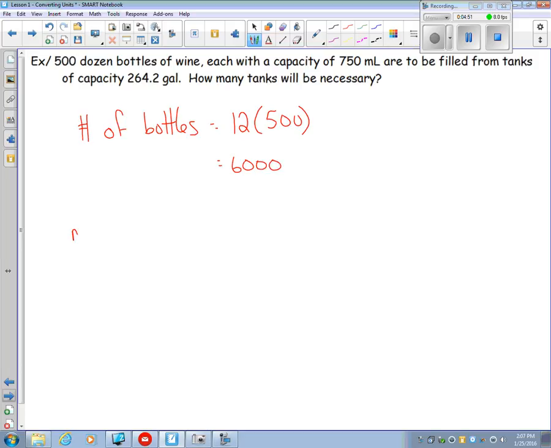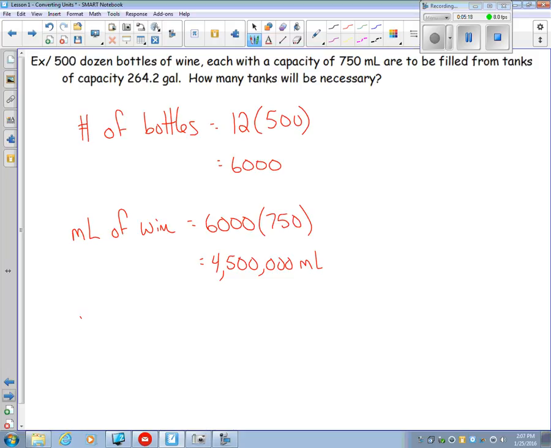How much wine will that be? Well, in terms of milliliters, each bottle, of which there's 6,000, has 750 milliliters, which gives me 4,500,000 milliliters of wine that I need. Looking ahead, I'm thinking about, okay, I need to know how many gallons that is. I don't really have a conversion between gallons and milliliters, but I do have one between liters and milliliters.